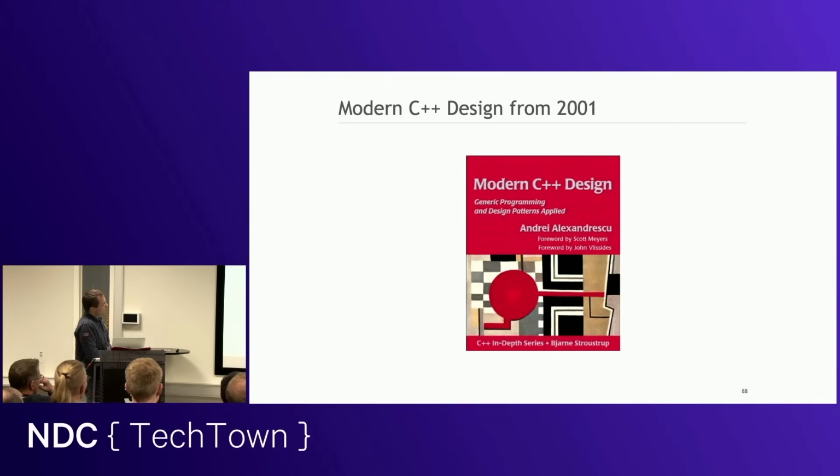Some of you might know this book, Modern C++ Design by Andrei Alexandrescu, who, by the way, is at this conference. And Andrei is still mocking the community by saying he invented modern C++. Because this book was published in 2001, so kind of 10 years before we had C++11 with modern C++.